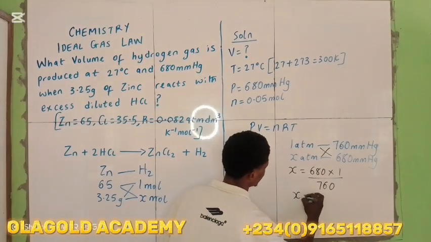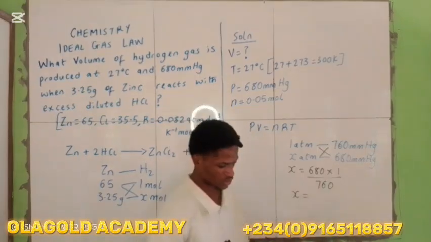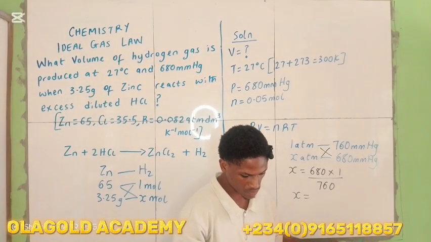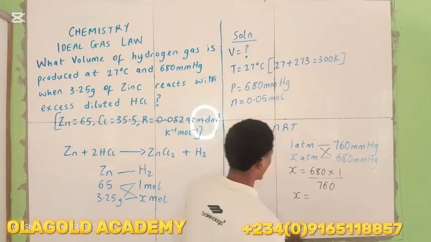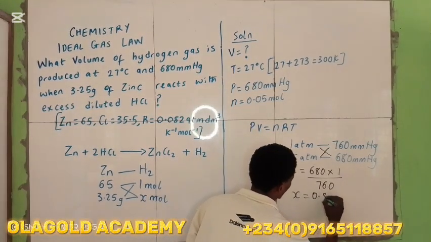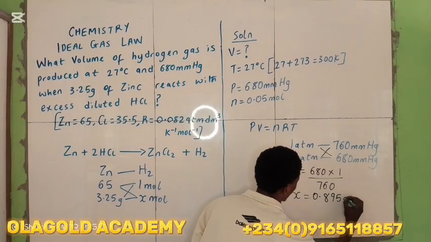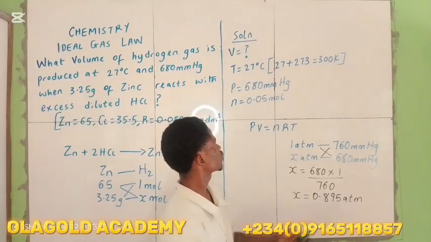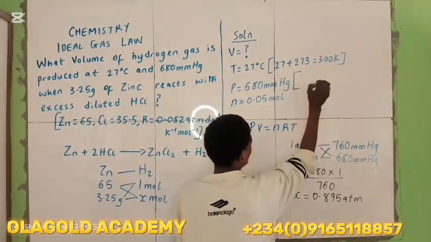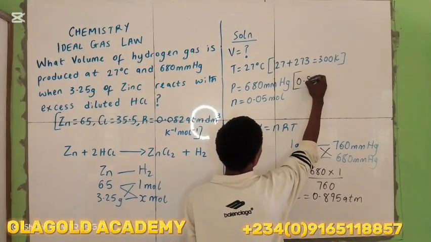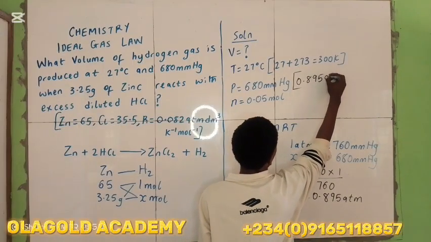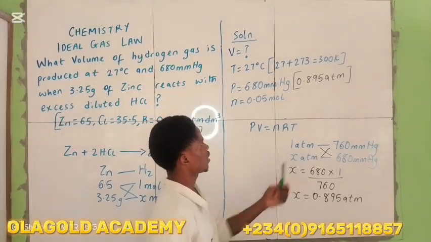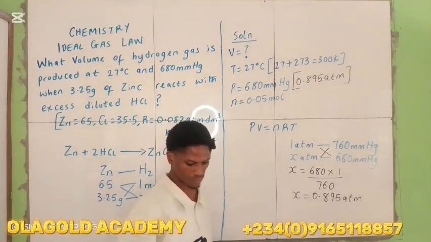When we divide this, we are going to get 0.895 atmosphere. My pressure value now becomes 0.895 atmosphere. I continue with my calculation.